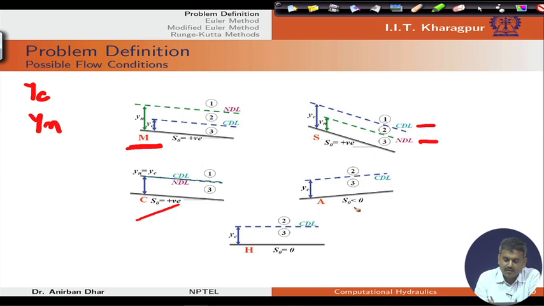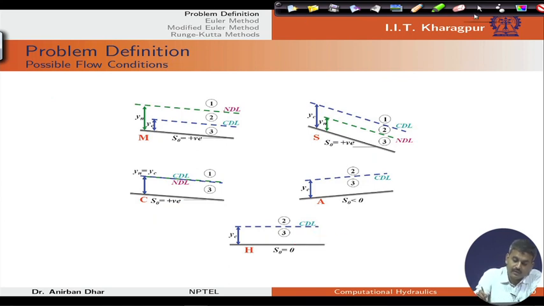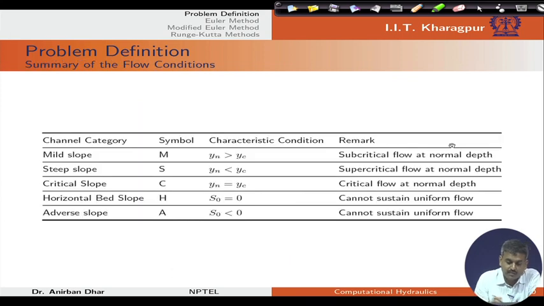If S naught is less than 0, then we call it an adverse slope, and for S naught equals 0, we have a horizontal bed condition or horizontal flow condition. Now, in this case, we can summarize.